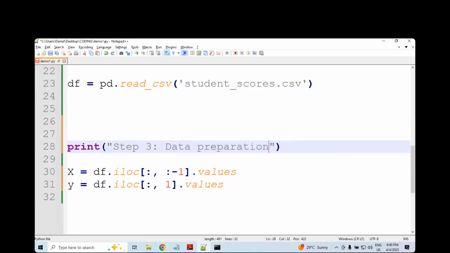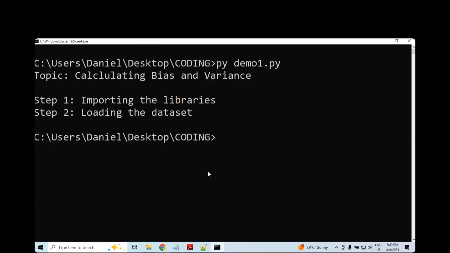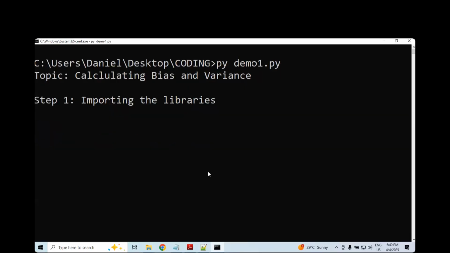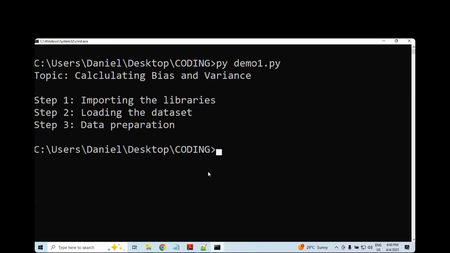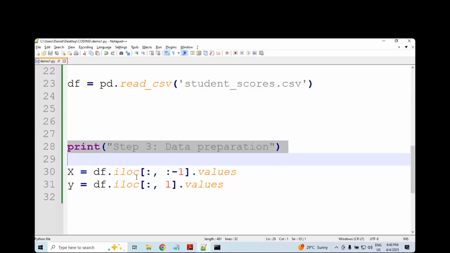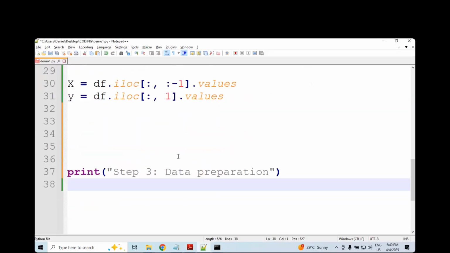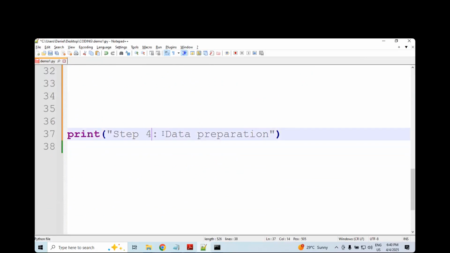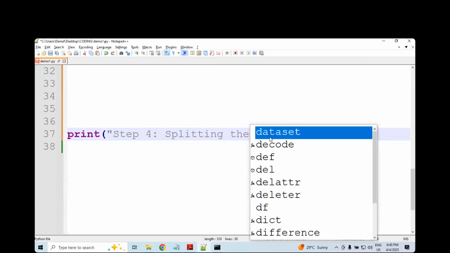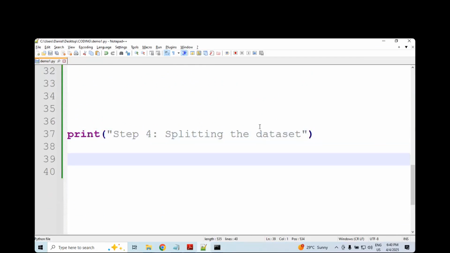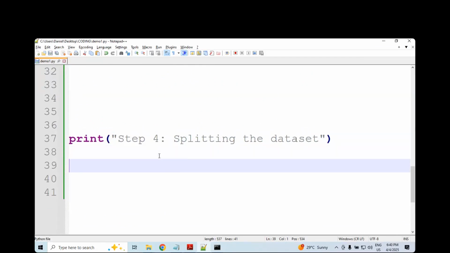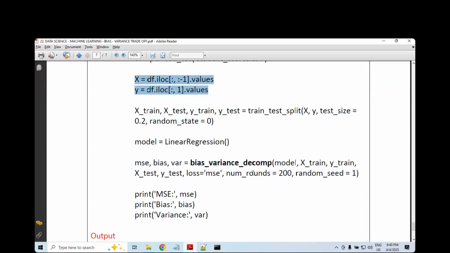Data preparation we can do. Data preparation. Next one. Splitting data set. Let's do that. Call a function.